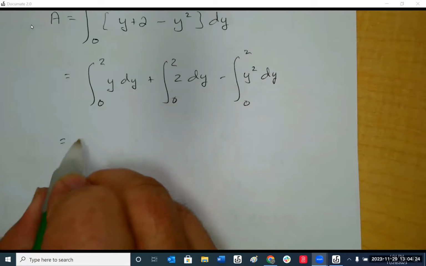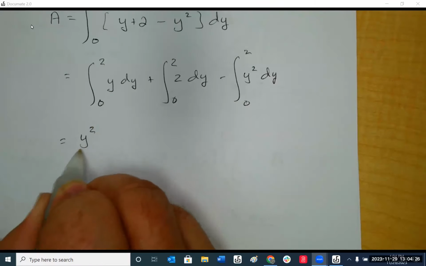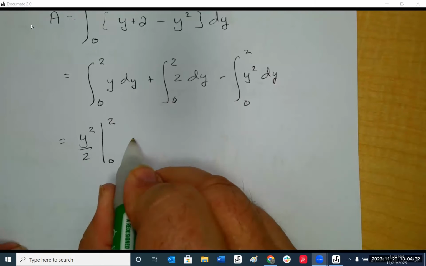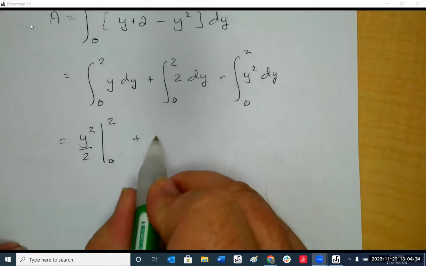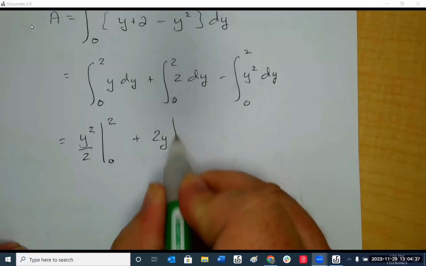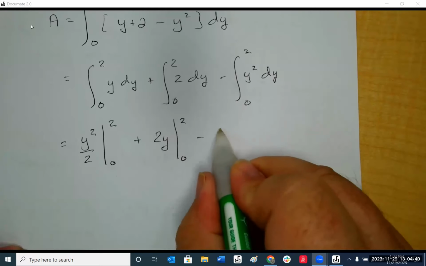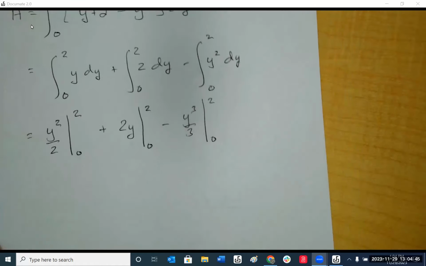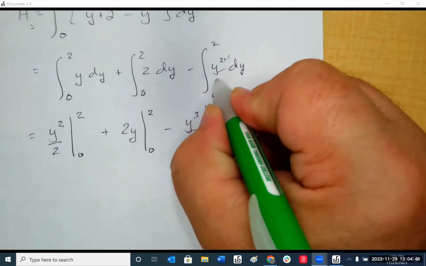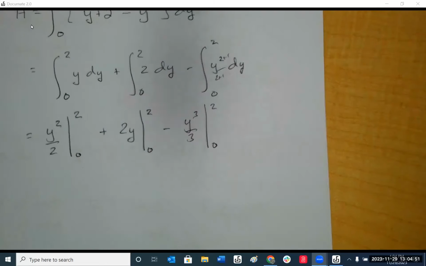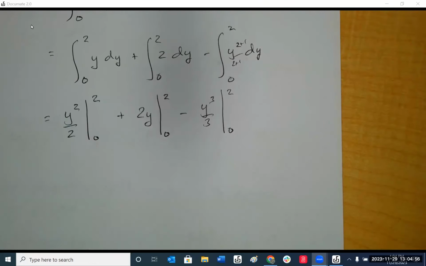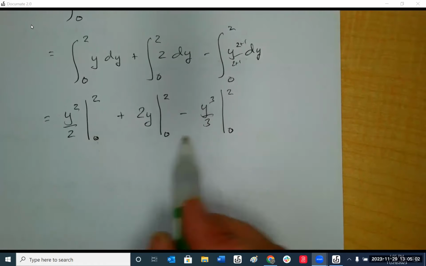So the integral of y is y squared over 2. The integral of 2 is 2y. And y squared becomes y cubed over 3. Remember, we have to add 1 and divide by that. Since our bottom bound is 0 and they're all with respect to y, we don't have to worry about the zeros.